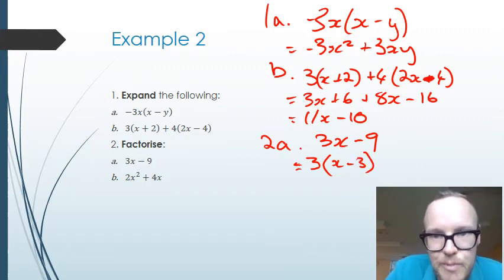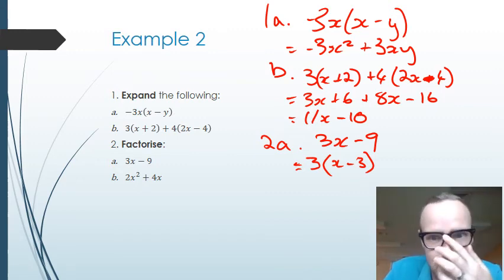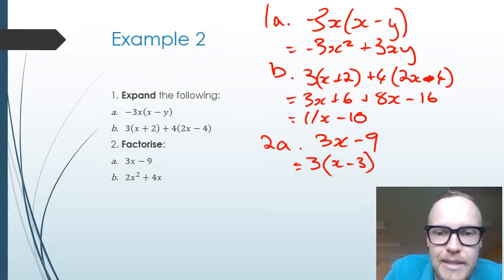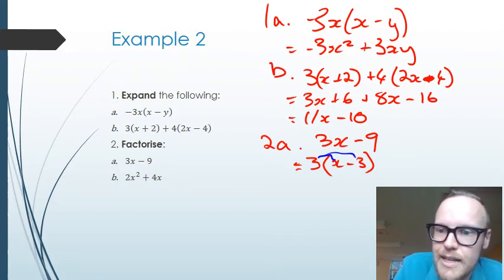When we're factorising, we can check whether we've factorised correctly by expanding the brackets back out again, even just in our head, to give it a quick check. So 3 times x is 3x, 3 times minus 3 is the minus 9 there.